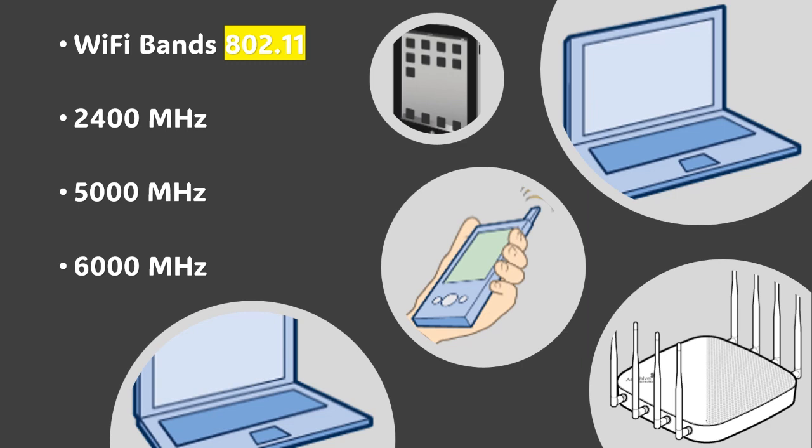We also have the 5 gigahertz, which is a little bit newer but widely used everywhere, and the 6 gigahertz, mainly used for new Wi-Fi generations. The main focus of this video is to discuss the difference between these three bands and the pros and cons for each one.